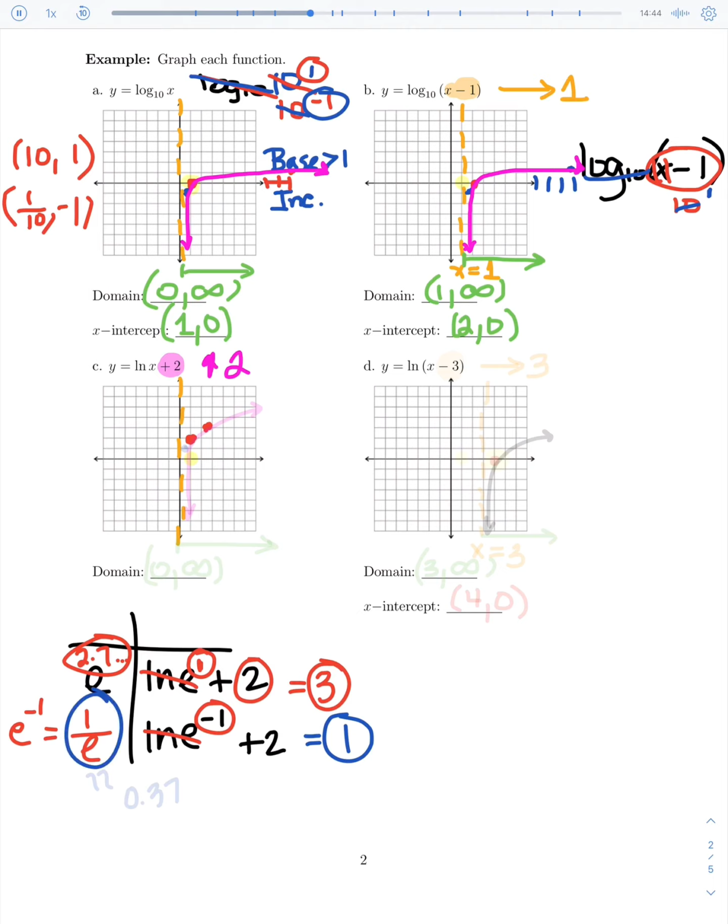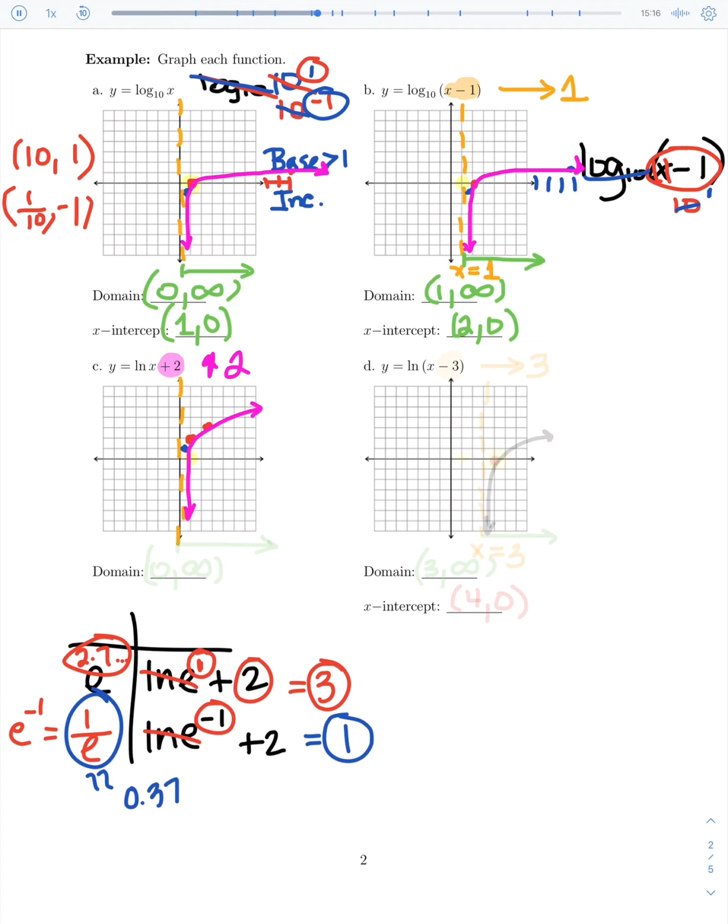We've talked about this a couple of times, 1 over e is about 0.37. So when I plug in 0.37, I get out 1. It'll look something like this, and then I can draw my logarithm graph going through my points.